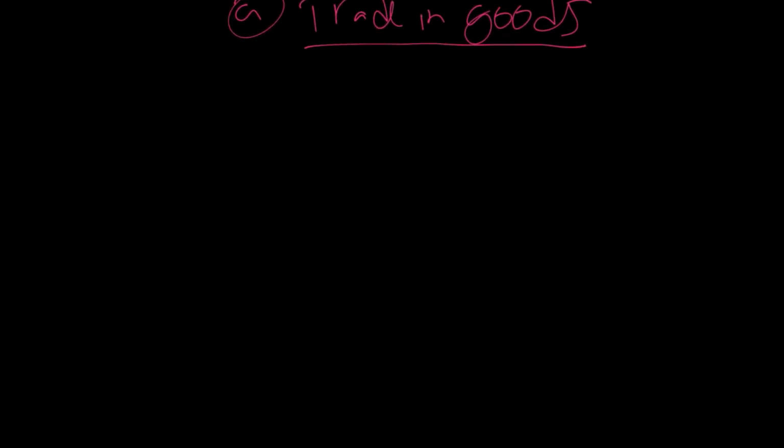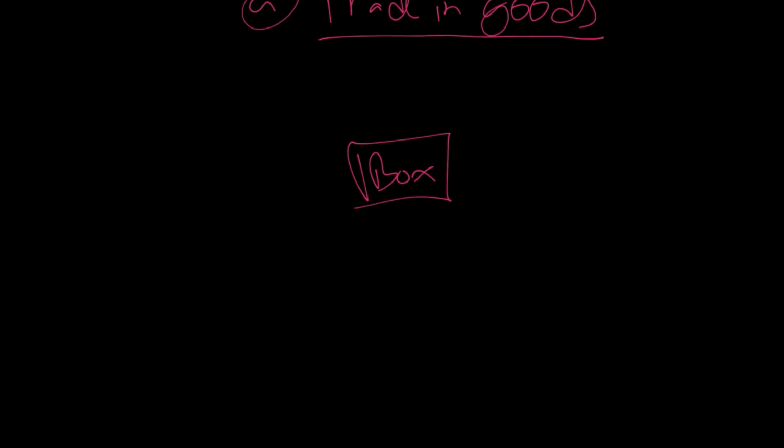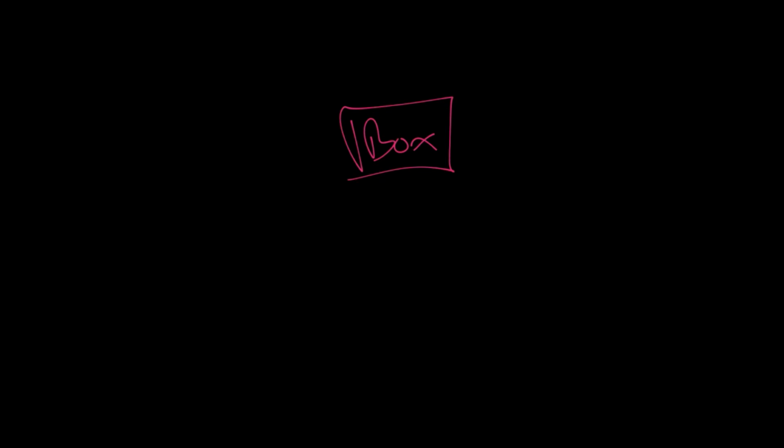So what are goods? Let's say if this is a box which is being sold in Pakistan, or it is being exported. Export basically means that we are sending something out of our country, and then import means bringing something in our country, right? So let's say if this is a box. Why is this box actually considered as a good? It is considered as a good and not a service. So there is a difference.